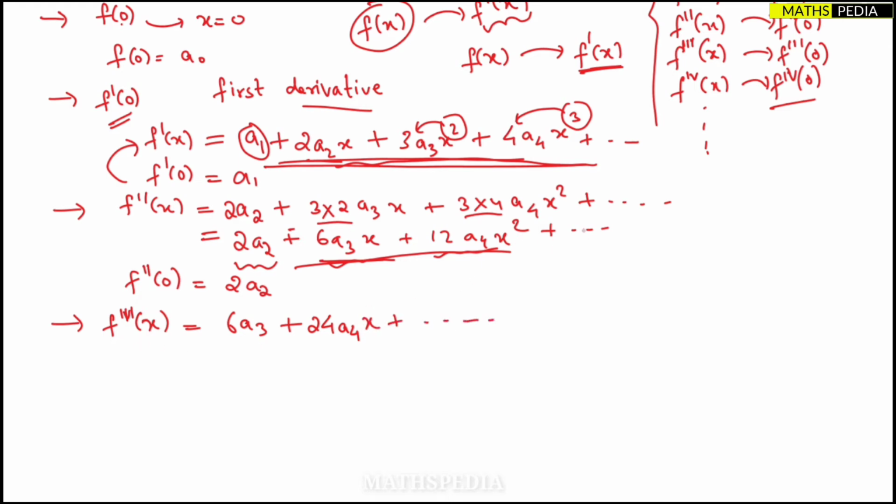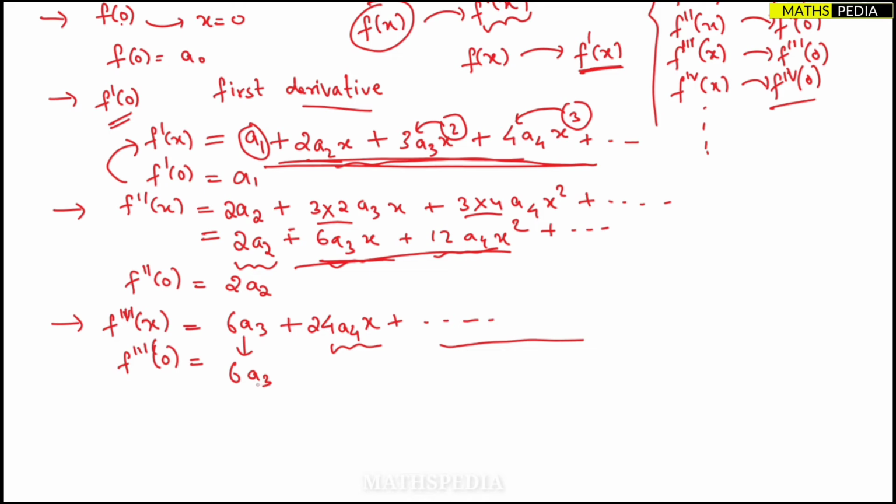You can write two more terms. So here f triple dash of 0 will become what? All the terms will have x, so it will be 0, and the left out term is 6 a3, not a power 3, a3.